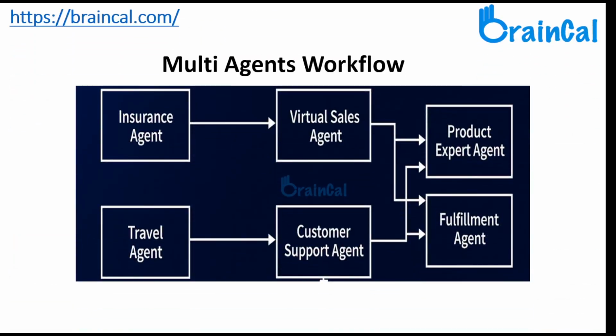Now, when you build a multi-agent system, you also need to build a workflow around it, whether the agents have to work in parallel or sequential, what is the coordination between them. All those things, okay, can be done very easily with the workflow orchestration engine.